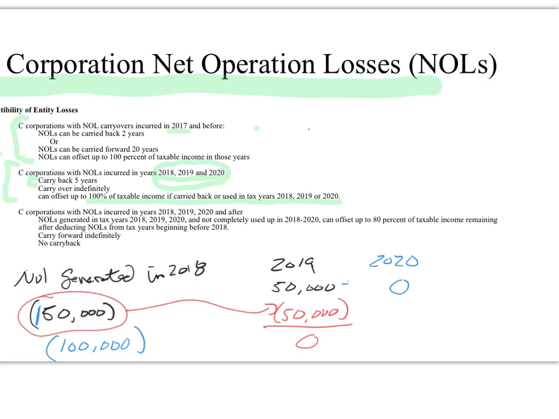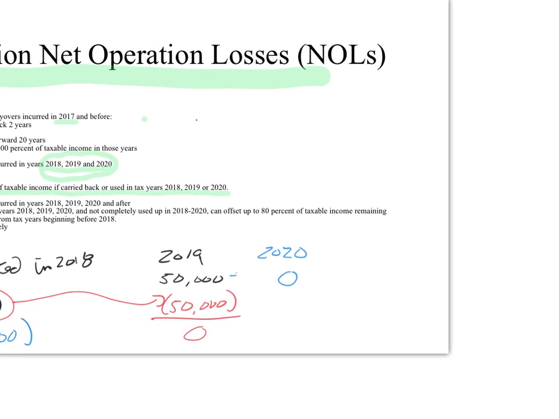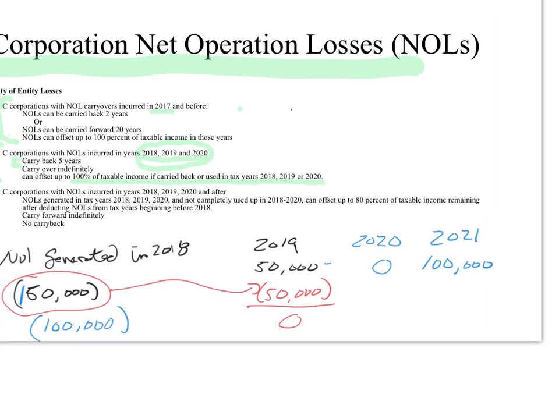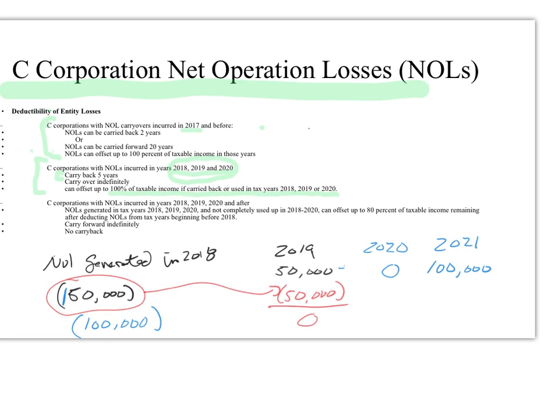So then when you get to 2021, say you had $100,000 of net income. Well, that's great. And you're thinking, oh, cool. I've got $100,000 of net operating loss that I can carry forward and I can reduce my income.